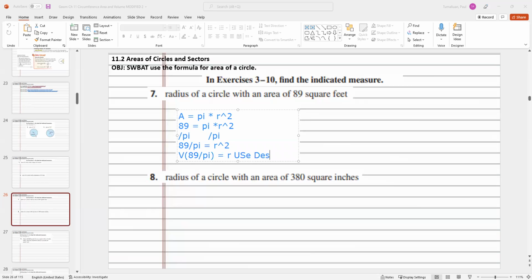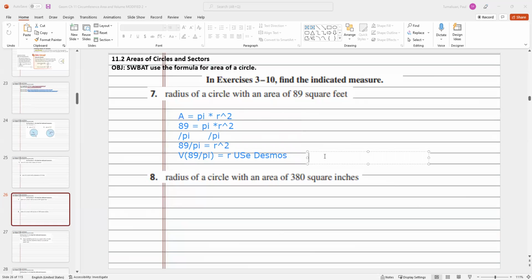Use Desmos. All right, and what do we get? Square root, and if you want parentheses, it's a good idea. 89 divided by pi. You get 5.32 or 5.3.